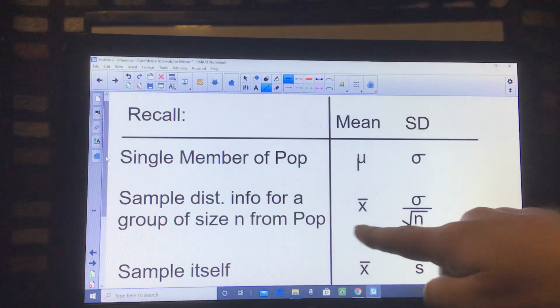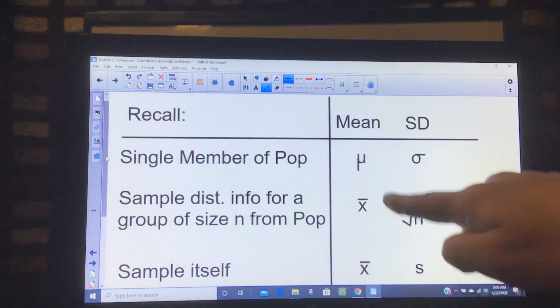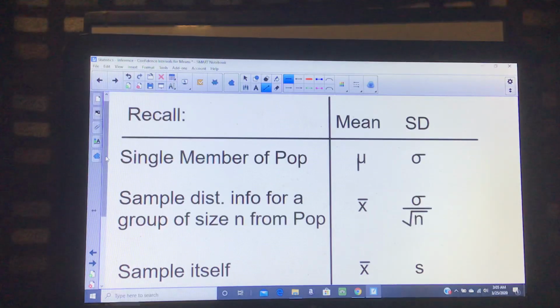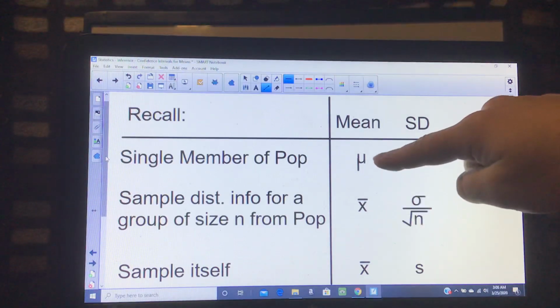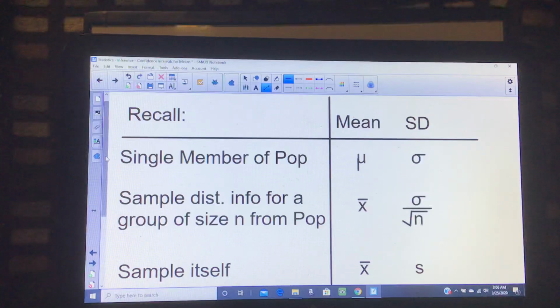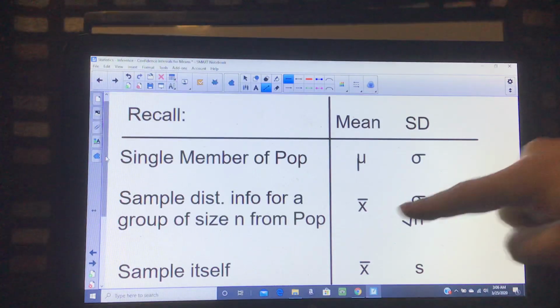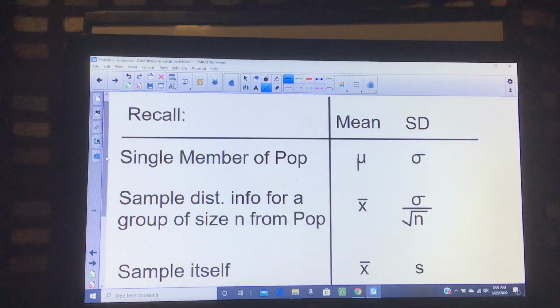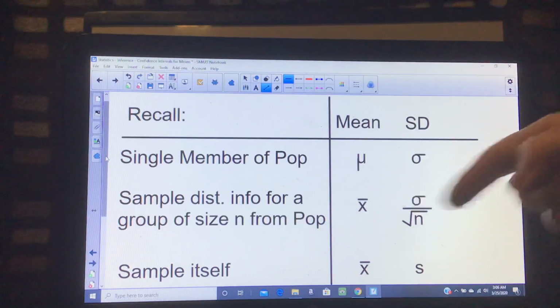They would have their own average. That average would be called X bar. Now, X bar is not going to necessarily be what mu is, but X bar should be close, and it would be rare to get X bar to be far away.